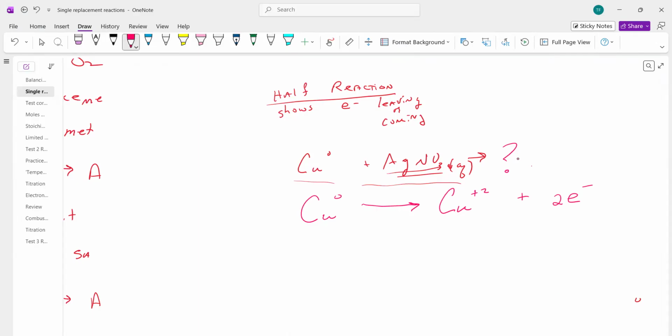So the copper goes from a metal to a salt. Now, when I say salt, that's ionic. What about the silver? The silver is going to go from +1, it's going to absorb an electron.